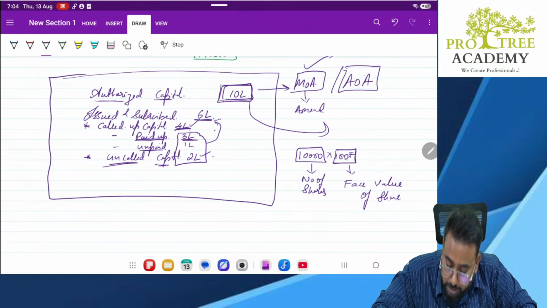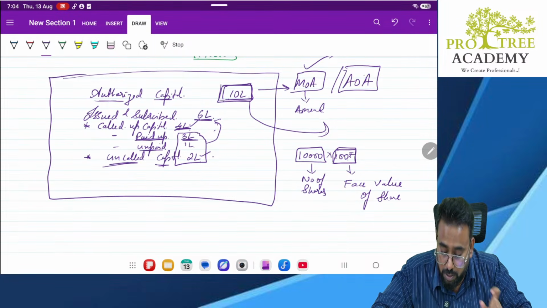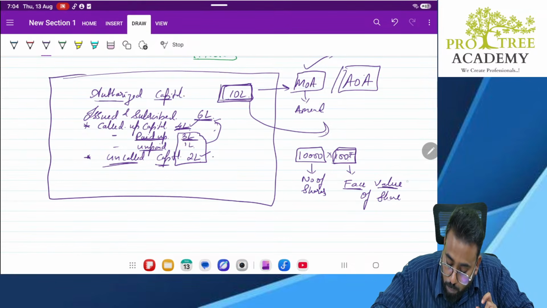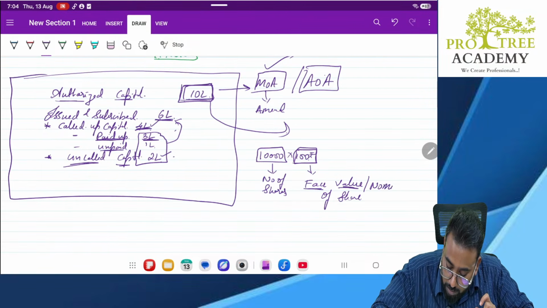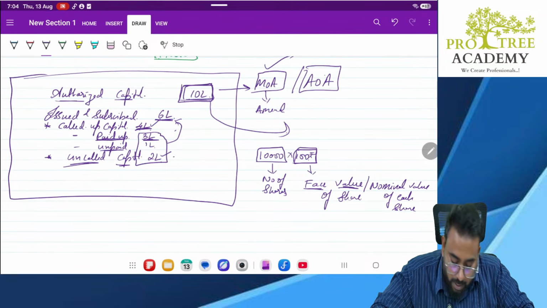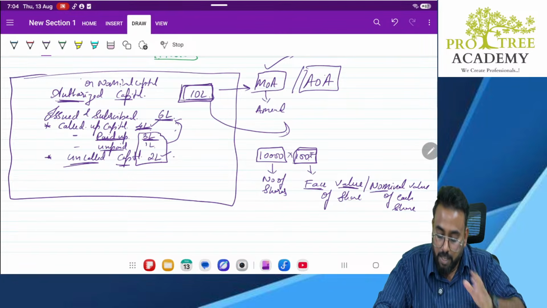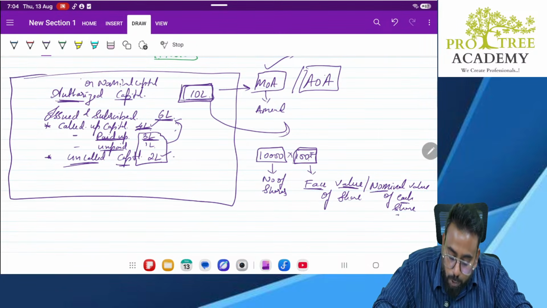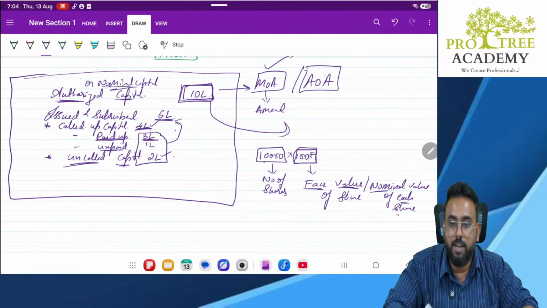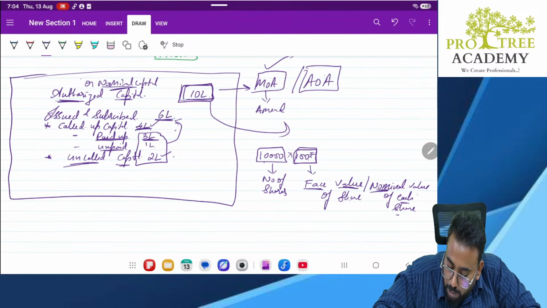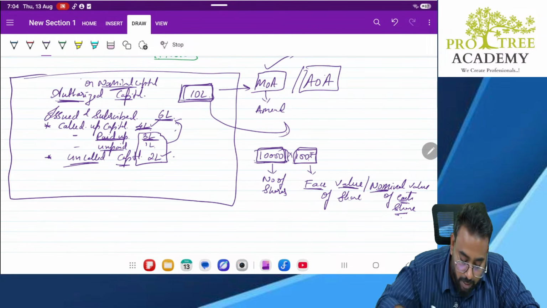The technical word which we use is face value, or one more word is nominal value of each share. Sir, here also we are using authorized capital or nominal capital. Here also we are using the same word. Exactly, sir. Nominal value of each share into number of shares will give you nominal capital.